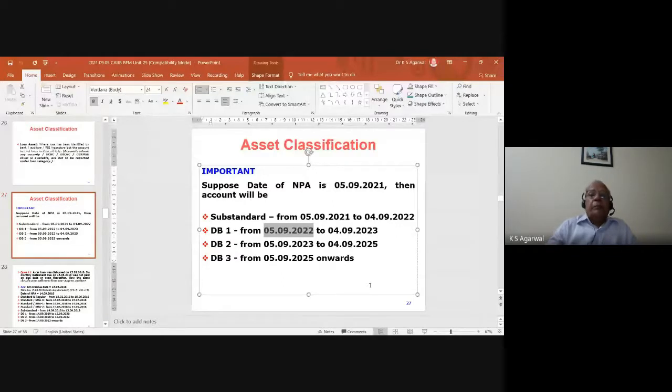So please remember very carefully. Just seeing 5th September 2022 and thinking that it is 1 year from the NPA date, if you apply substandard rate, your answer will be incorrect. This you have to very carefully remember.